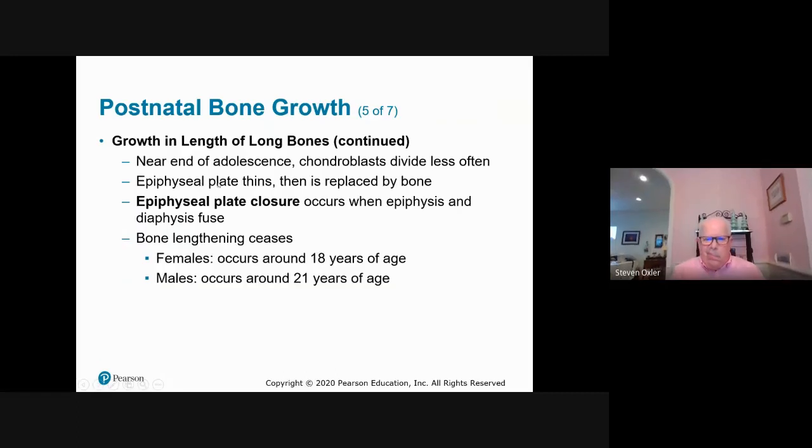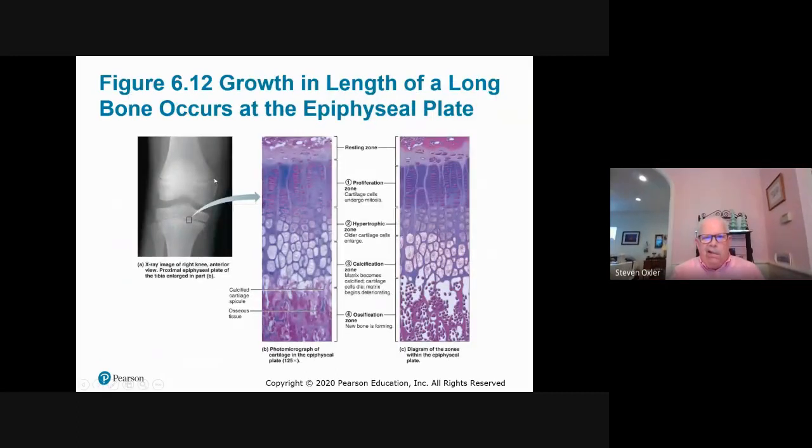Here it is. This is the epiphyseal plate. This is the femur. This is the tibia. As you go older, this becomes a line, no more plate, a line, okay? And you stop growing once that epiphyseal plate goes away.